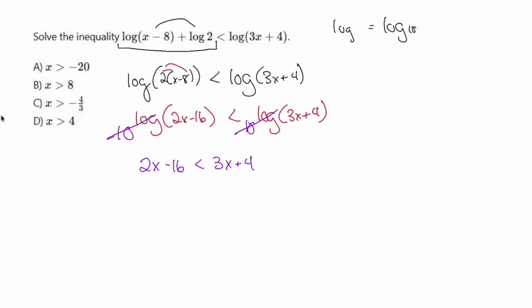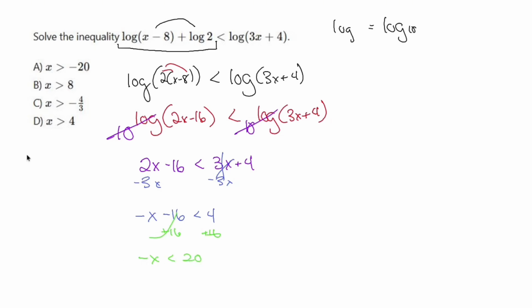And now it's just solving inequalities that you would have seen in Algebra 1. Subtract 3x from both sides. That gets you negative 1x minus 16 is less than 4. Add 16, and that gets you negative x is less than positive 20.